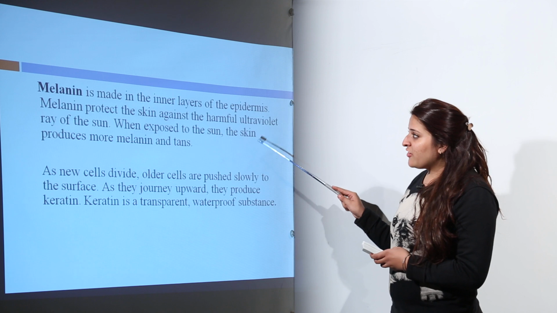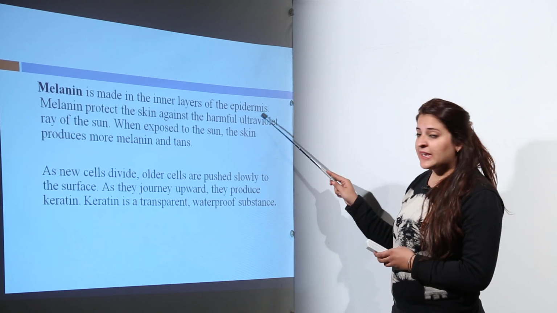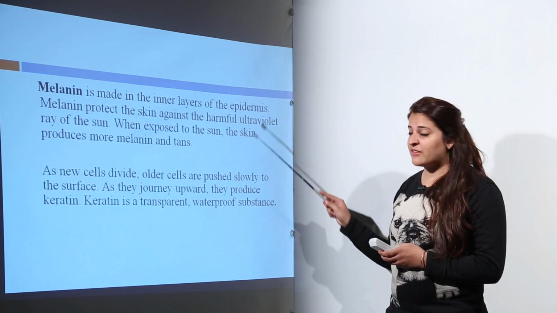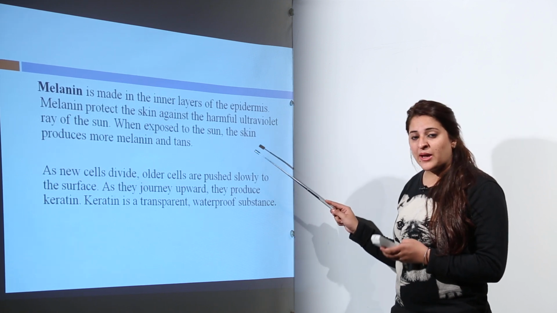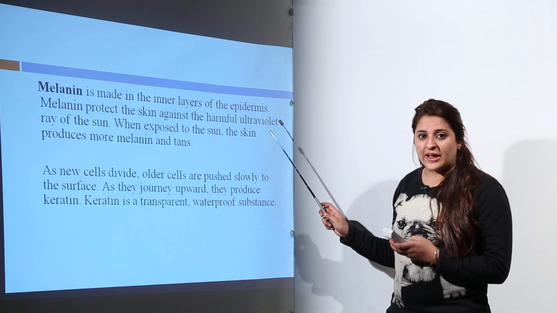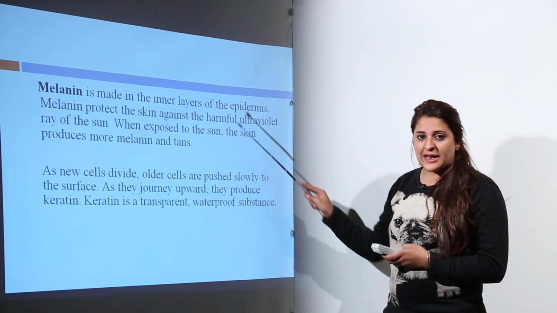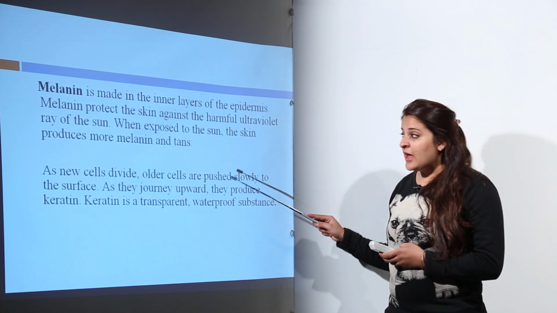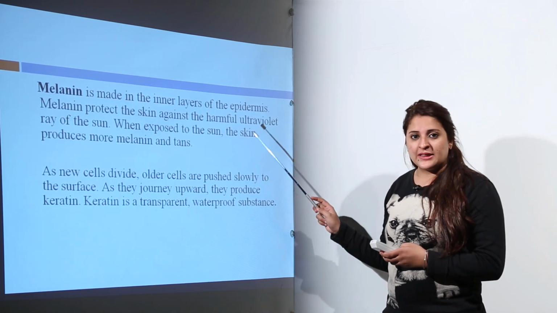One pigment, known as melanin, is formed in the inner layer of the epidermis. Melanin is a pigment which gives color to any organism. It is known to protect our skin from harmful UV radiation. The higher the quantity of melanin, the darker the color.